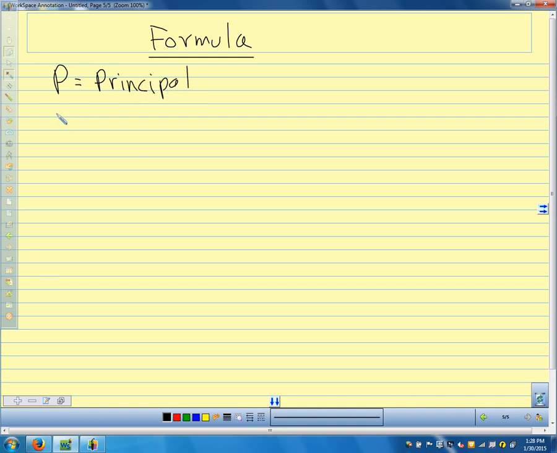R is the annual interest rate. N is the number of compounding periods per year. And what we mean by compounding is how many times you earn interest per year. In the formula we did before, we were just earning interest once a year.